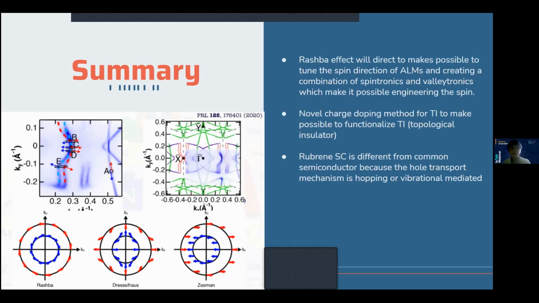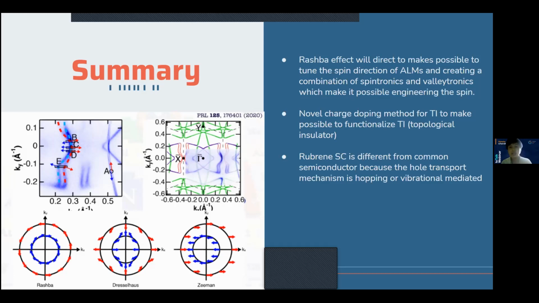As we know, they both engineer the spin. The Rashba effect has an angular factor, and the Zeeman effect is along the x-axis and negative x-axis.